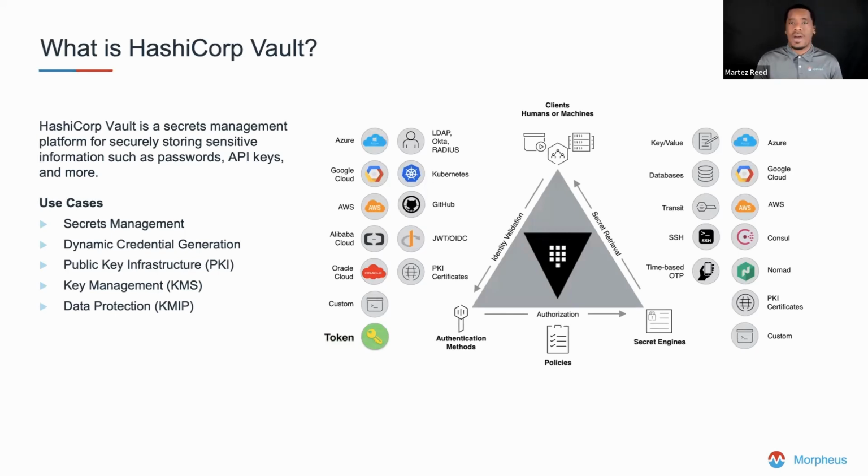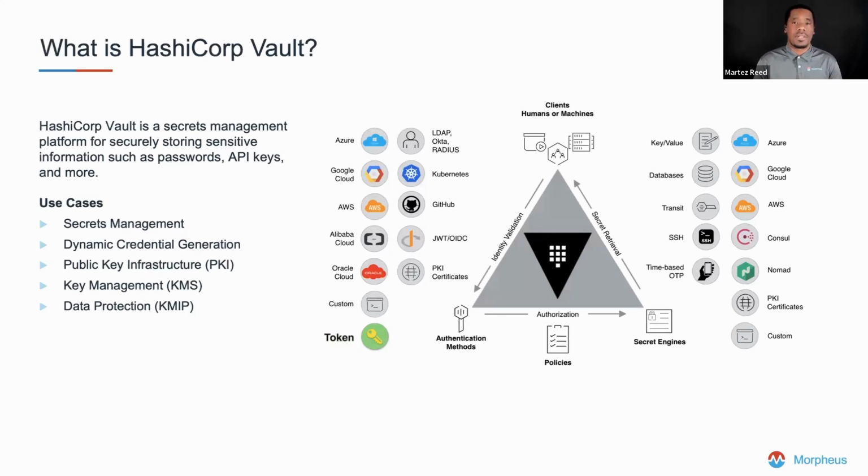HashiCorp Vault provides an API endpoint to enable the interaction between the application configuration tool or deployment tool, such as Ansible or a standard Python script, to be able to interface with HashiCorp Vault and pull that secret information out of it.